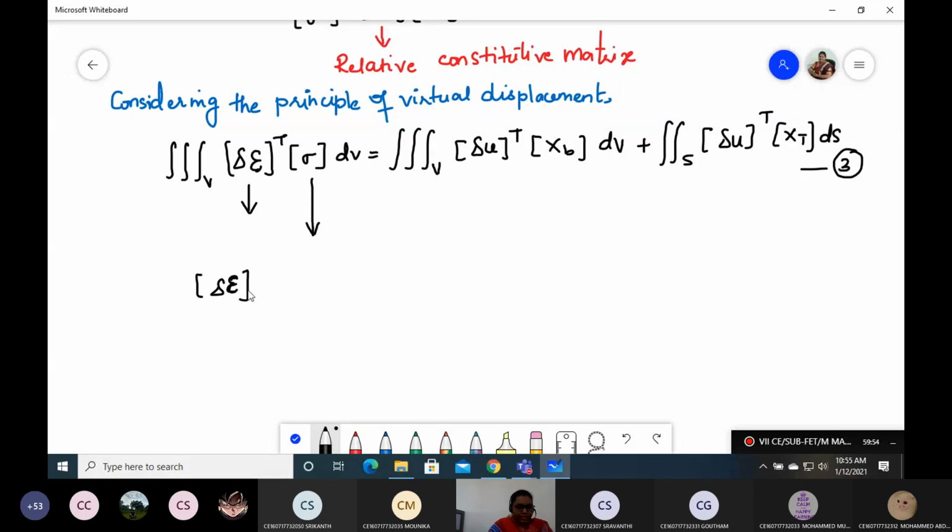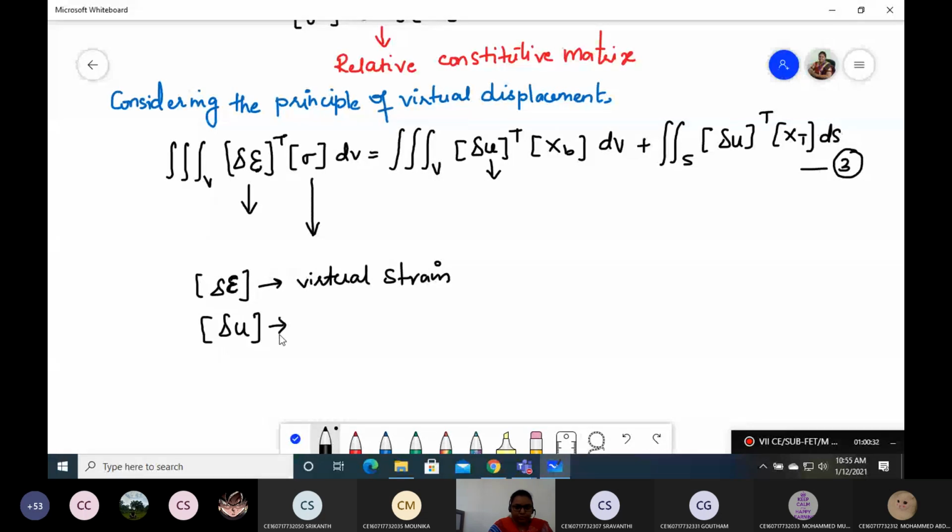Delta epsilon is the virtual strain matrix. And here we have delta u. When it is about u, it means it is the elemental displacement, delta u matrix, or we can call that delta e.